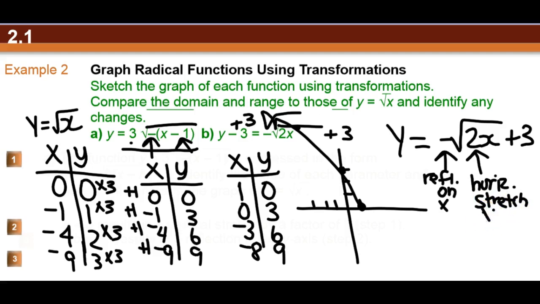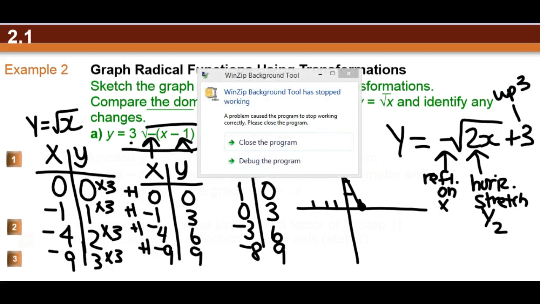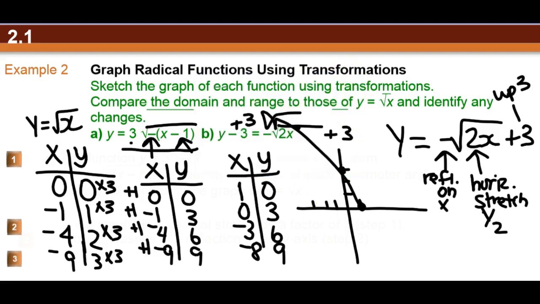A half, right? And then we're going up 3 for a vertical translation. Okay, and so we'd start with our normal table, and then we would do the reflection, the stretch, and then add 3 to our y's.